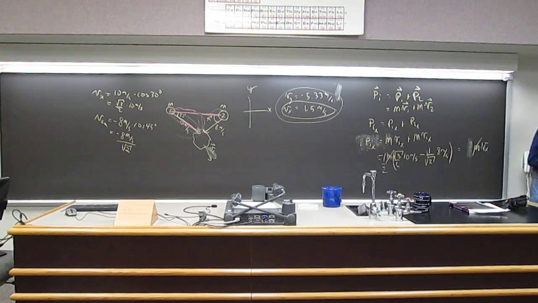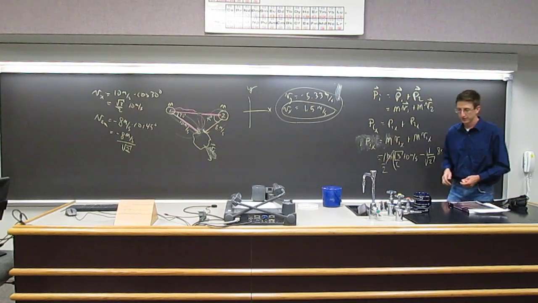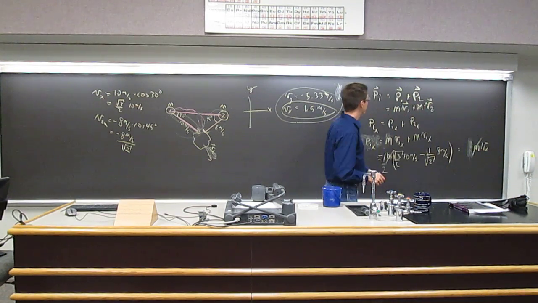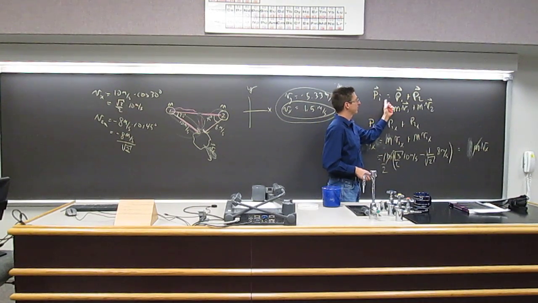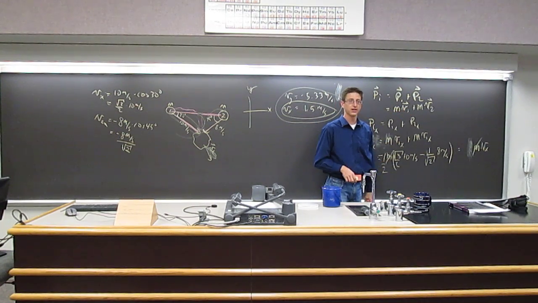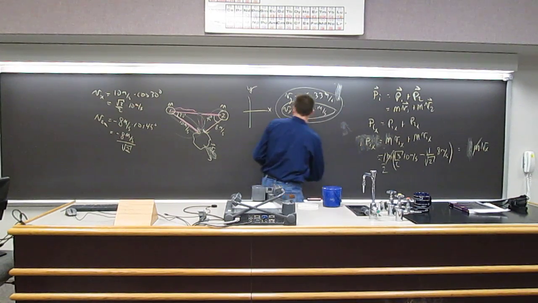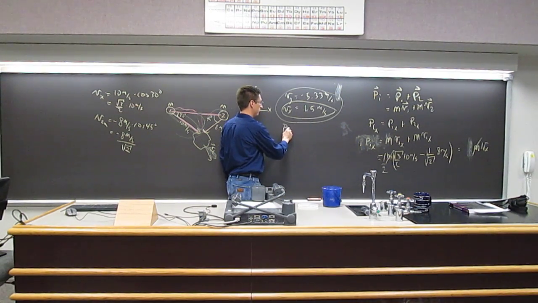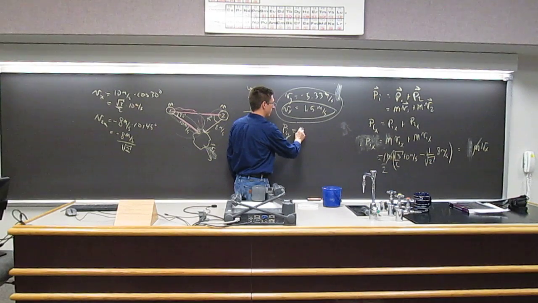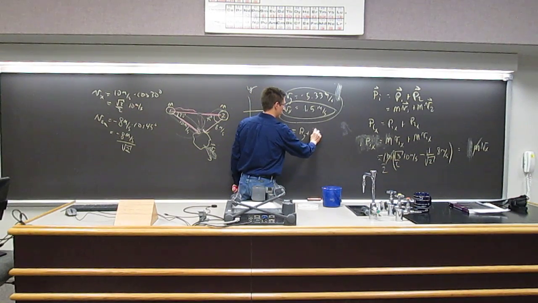Now we do the same thing in the y direction. This vector equation is really two equations, one for x and one for y. So I can start out and just write p initial y equals p1y plus p2y.